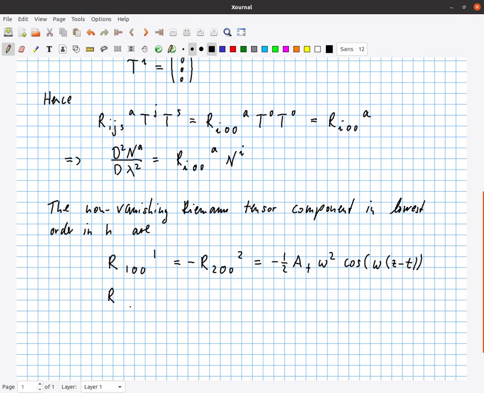And the other components that we need are R_{1002}, which is the same as R_{2001}, and these are minus 1/2 A cross omega squared cosine omega (z minus t).